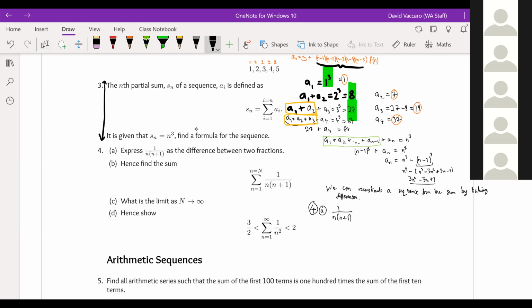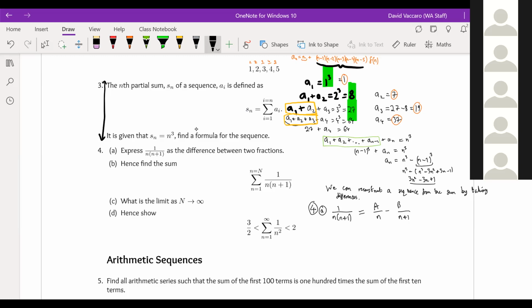Now, if I reverse engineer how I'm going to get a fraction like 1 over n plus 1 as a difference between two fractions, I've almost certainly used fractions with a denominator n and n plus 1, because they would multiply to make a common denominator of n plus 1. And there might be some constants on the top.